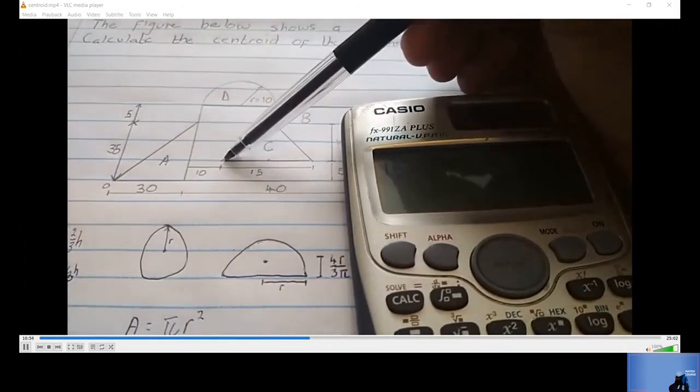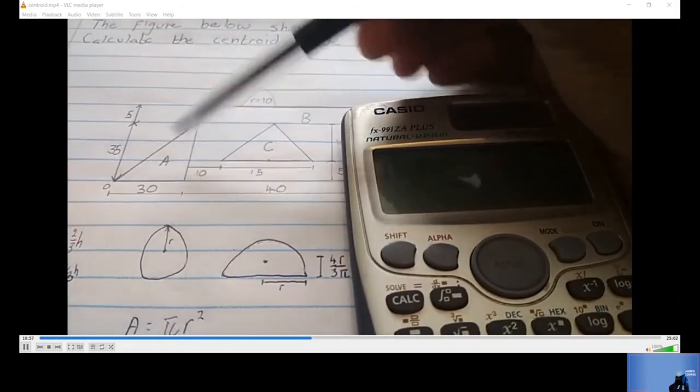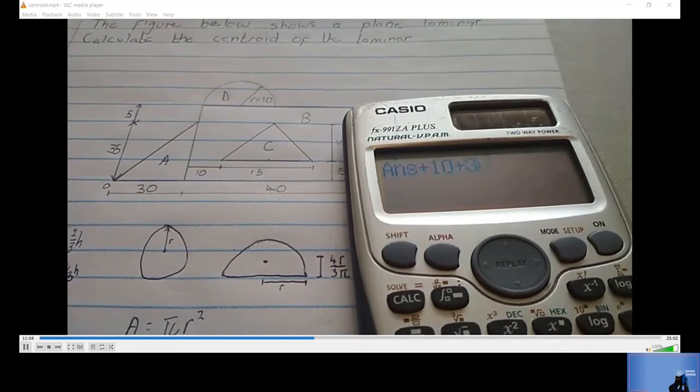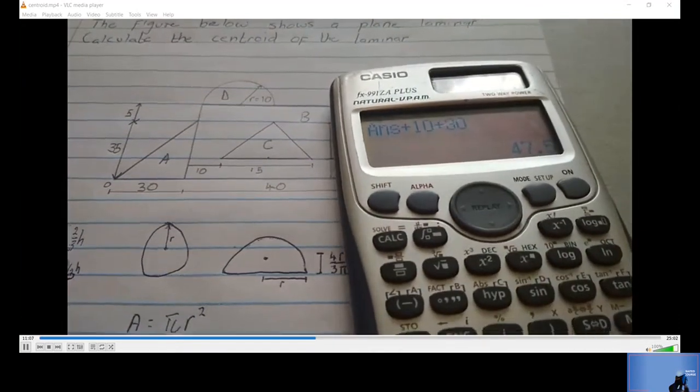So it's 7.5 there, but we need to add this 10 and add that 30. So we're going to say plus 10 plus 30, we get 47.5. Take that 47.5, put it there.